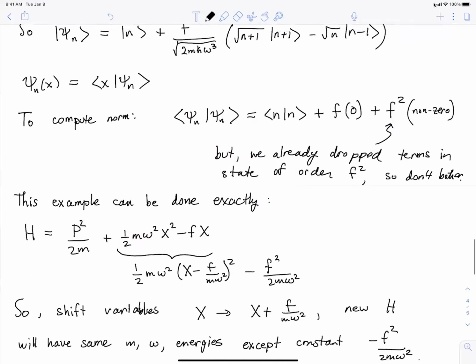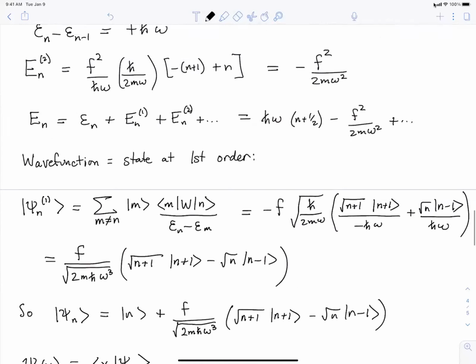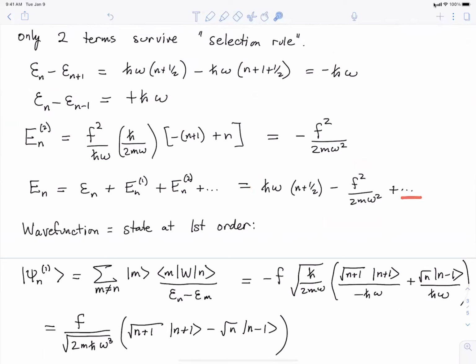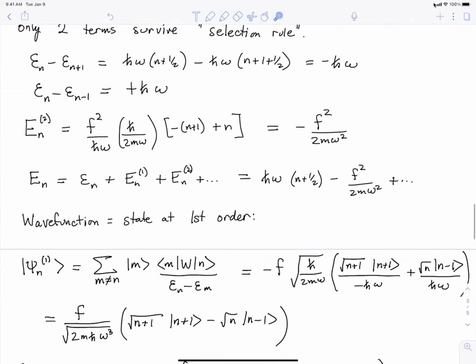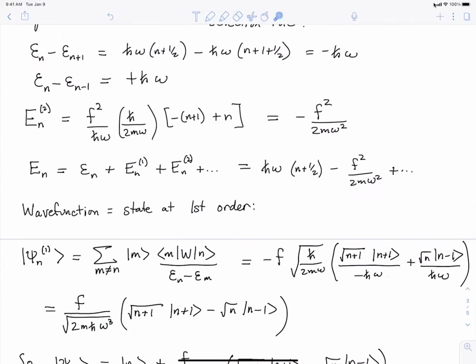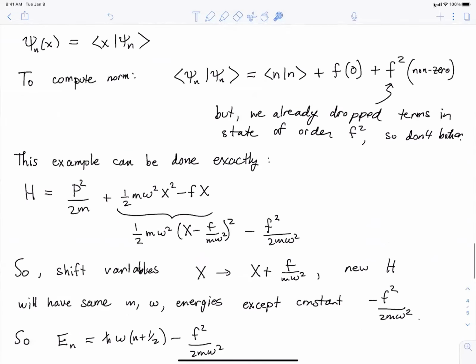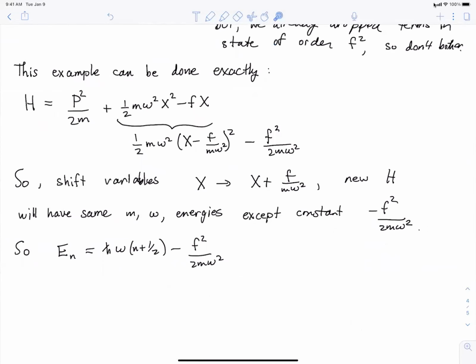So as a reminder, if we go back up here, we had written this down in perturbation theory, but we had plus dot, dot, dot, because we didn't compute the third order or the fourth order or the fifth order or the sixth order. But it turns out that miraculously there's some conspiracy and those terms just cancel completely. Because here's the exact answer, and it agrees exactly with what we got just at second order in perturbation theory.